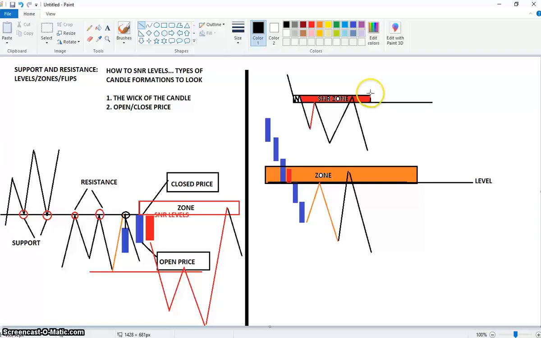And what do you call this? This is what we call S and R flip. That is, price breaks a support and support turns resistance. Let me do S and R flip here. We have a level. After this, we are going to the chart.